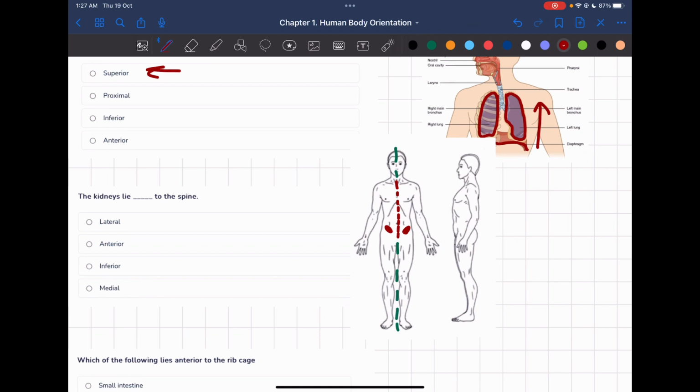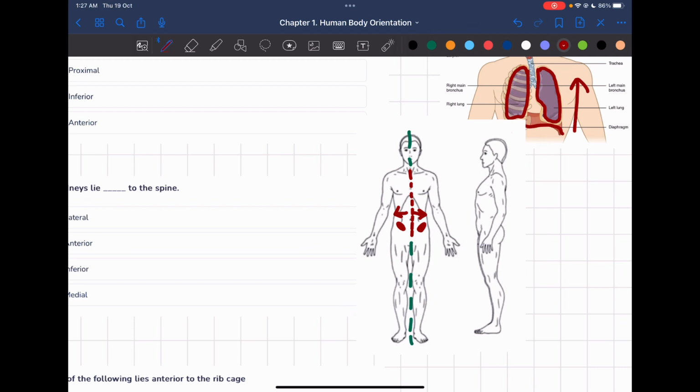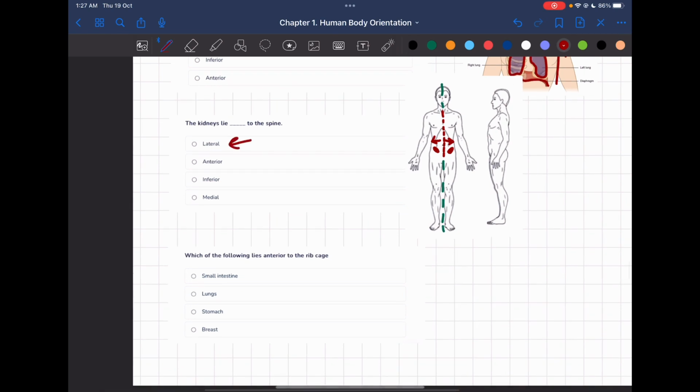So what's lateral to the midline? The kidneys. In this case, it's the kidneys. So what makes sense is you choosing lateral, because it's away from the midline. They're away from the midline. They're here. This is the midline. They're going like this, but the actual spine is in the midline. It's basically the midline. So the answer is lateral. The kidneys lie lateral to the spine.